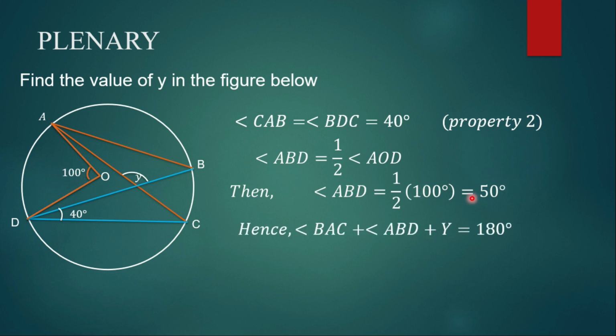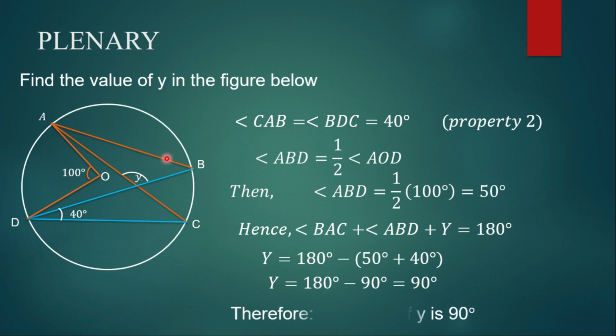Now I know this angle to be 50 degrees. I know this small one to also be 40 degrees. So when we sum them up, that's 40 plus 50, that'll give you 90. You take it from 180 degrees, and you're going to get your y. So y is 90 degrees.